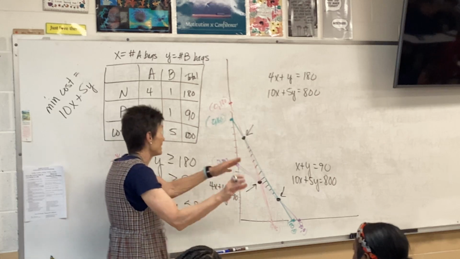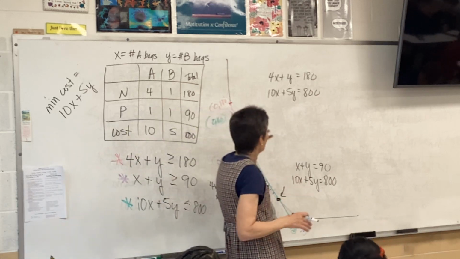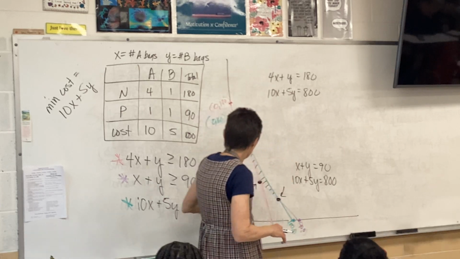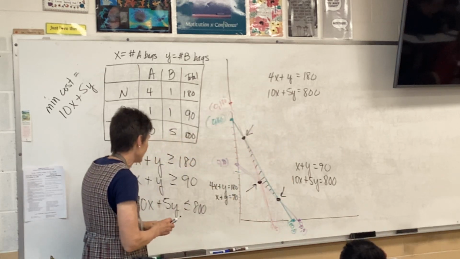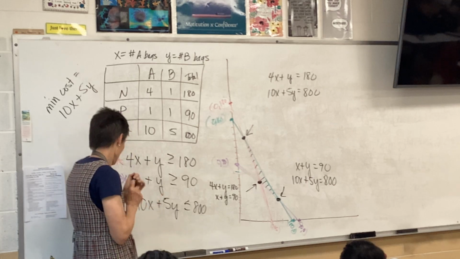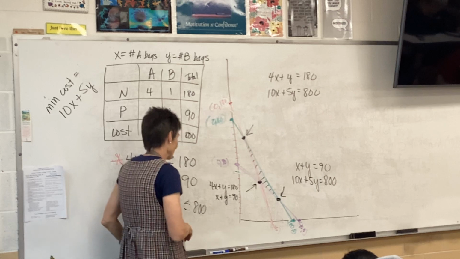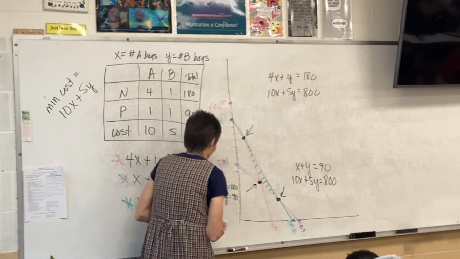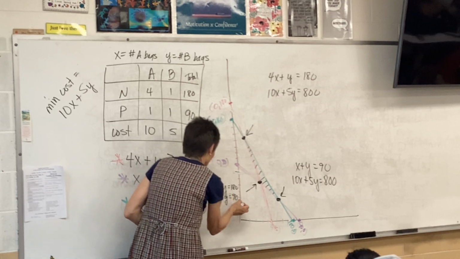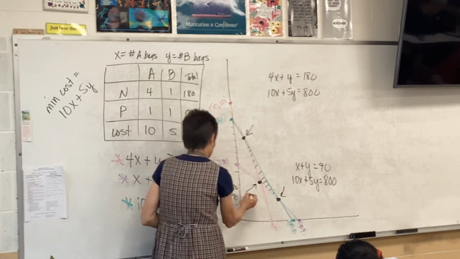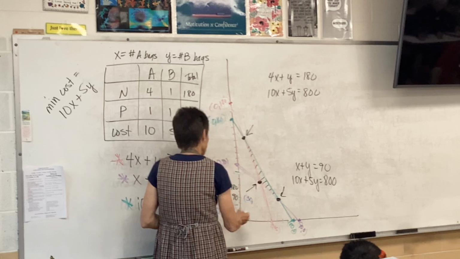Everybody do this. Take each of these pairs of equations and solve it. Please don't just sit there and watch me, because I'm gonna get mad. And I don't wanna get mad.